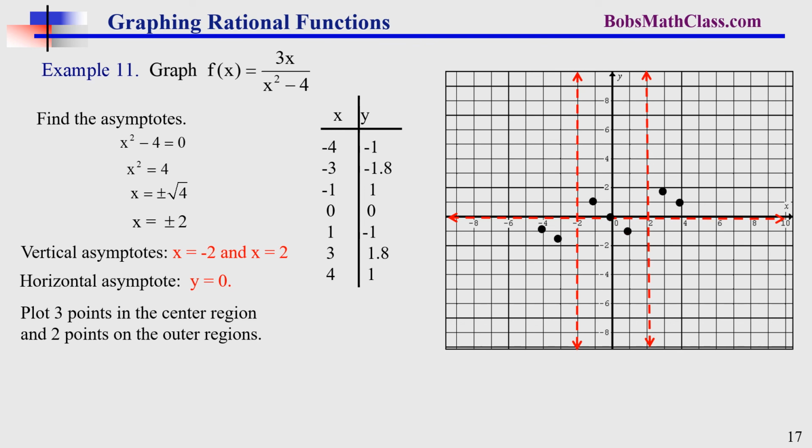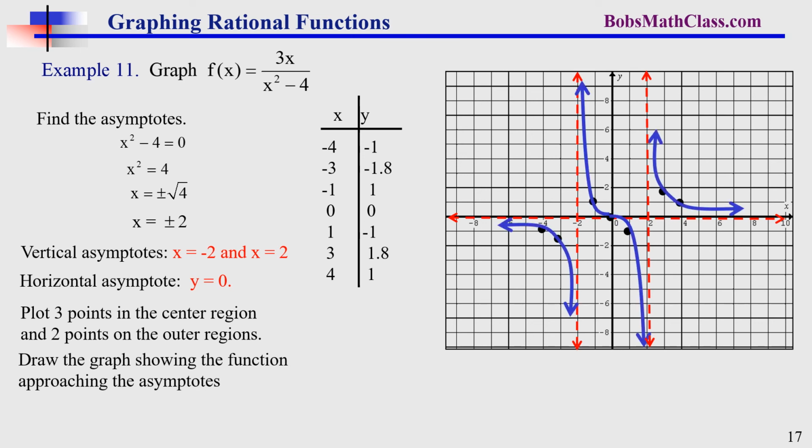Okay, plot the points. And then when you draw it in, just try to show the shape getting closer to the asymptotes. And there's our graph. Kind of a cubic function in the middle, right?